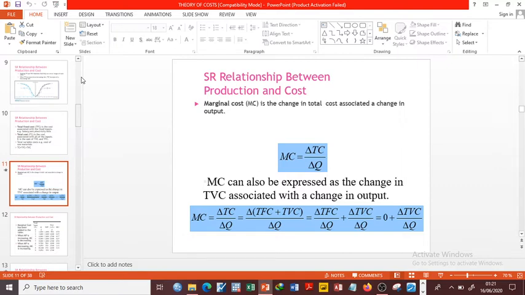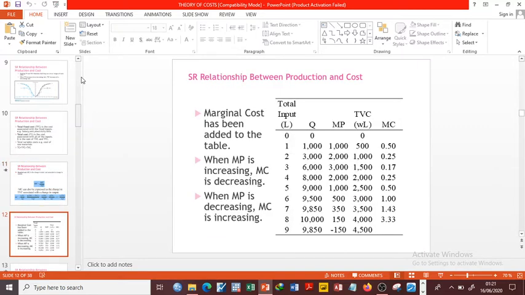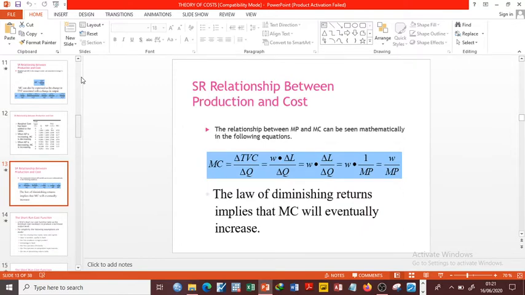And in this particular case, like I said, we are assuming that the total fixed cost is 0. So that's why we end up with only the change in total variable cost over the change in output. Right. So this is the exact table that we've been using.